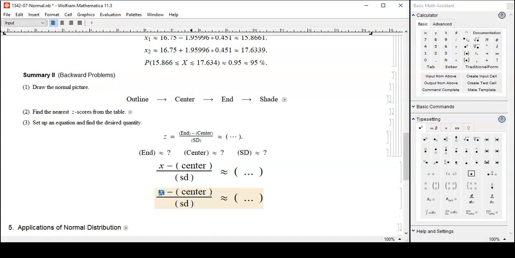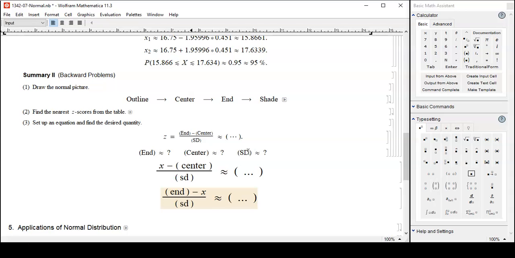Then it's going to be this. The x value is given from the problem, and this is what you don't know. So let's call this one x, and then solve this equation. Again, this is an equation with one unknown variable. You can solve it. Move the denominator to the other side, and then flip, you can find out.